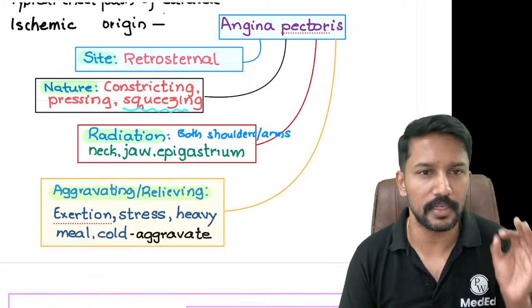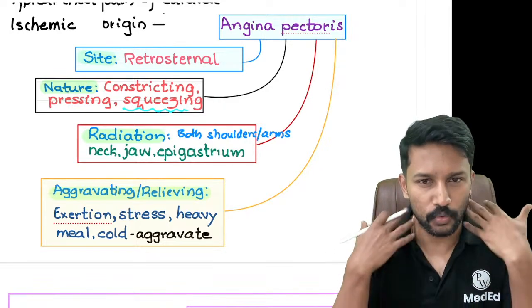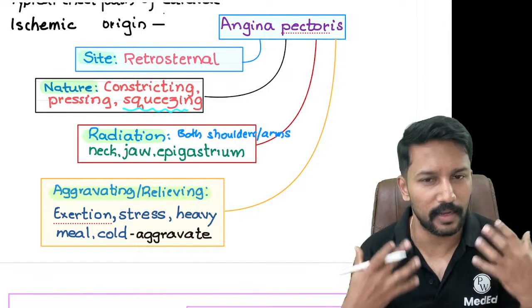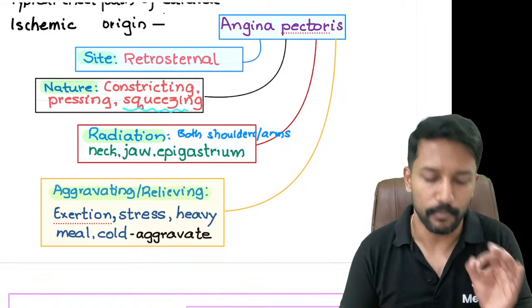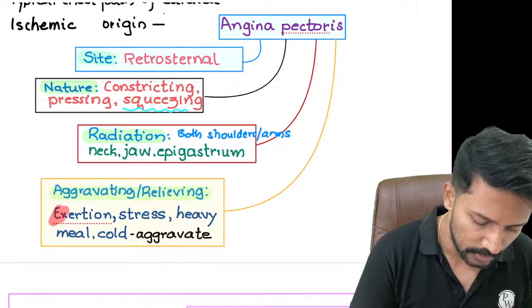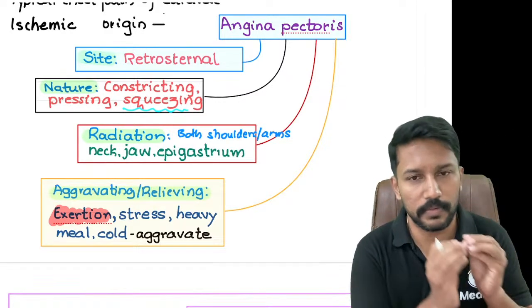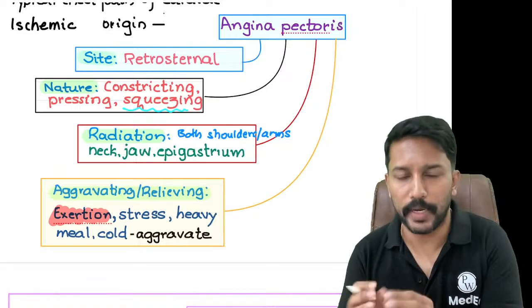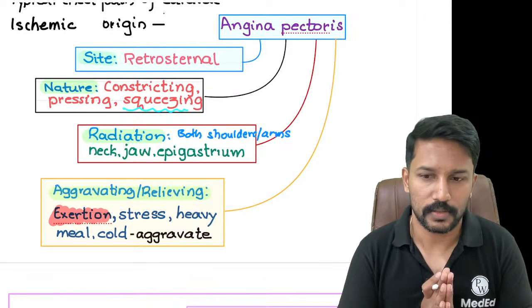In terms of nature, it is constricting, pressing or squeezing type. It can be referred to the shoulders, arms, neck, epigastrium. And it is usually aggravated by, the most important thing to remember here, physical action or exertion. When these features are there, we will call it angina pectoris.